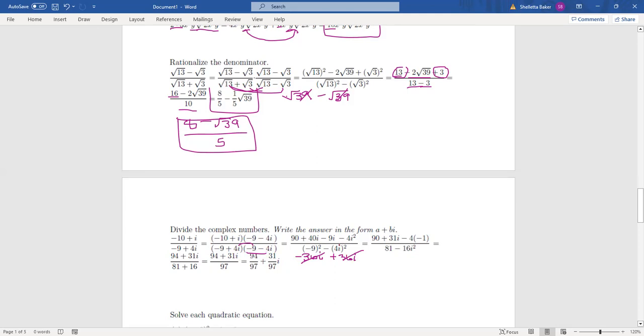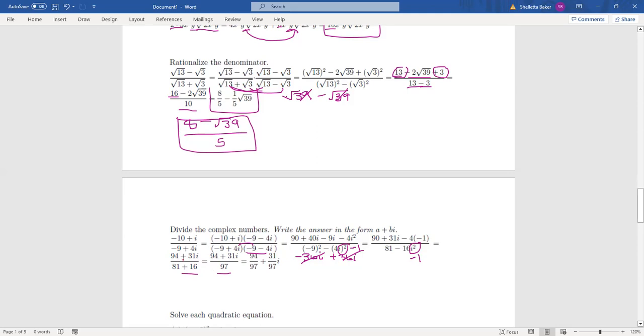But remember, every time you see i squared, that's equal to negative 1. So keep in mind this i squared has become negative 1. So that's 81, and then minus 16 times minus 1 becomes positive 16. So we wind up adding in the denominator, 81 plus 16 to get 97.